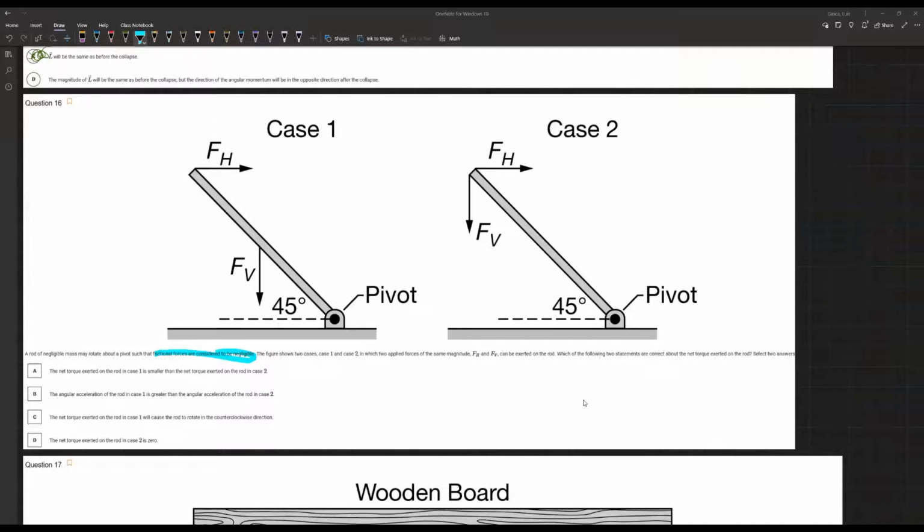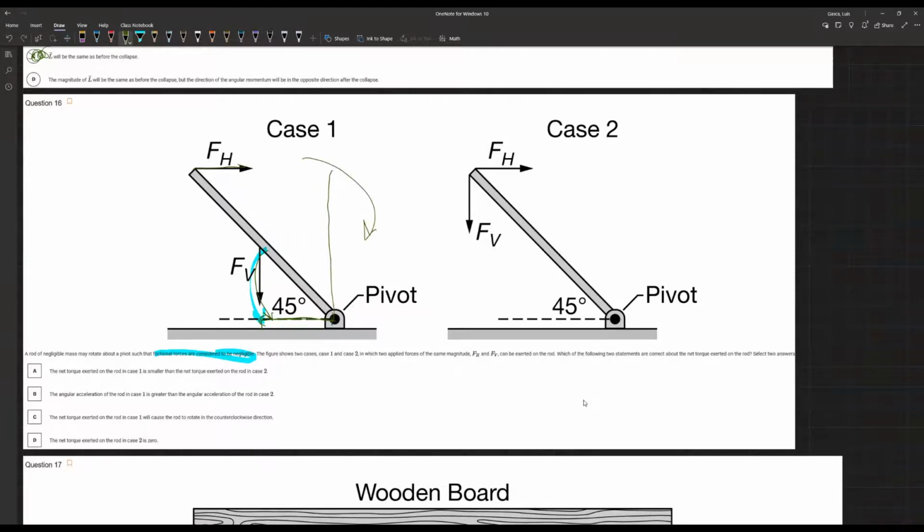Okay. So if we look here, FV is going to create a torque in the counterclockwise direction, and it's going to have a lever distance, or a perpendicular distance to that vertical force, of this much. While the horizontal force here is going to have a lever distance that is much longer.